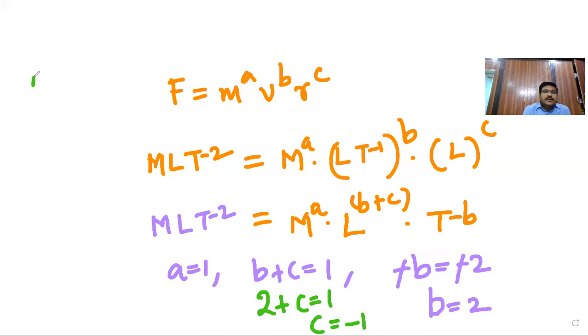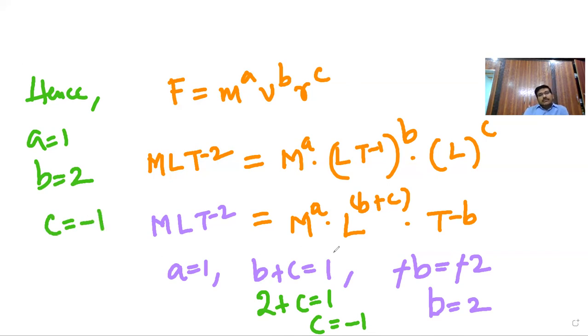c is equal to 1 minus 2. Hence, values of a is equal to 1, b is equal to 2, and c is equal to minus 1. These are the solution. Clear?